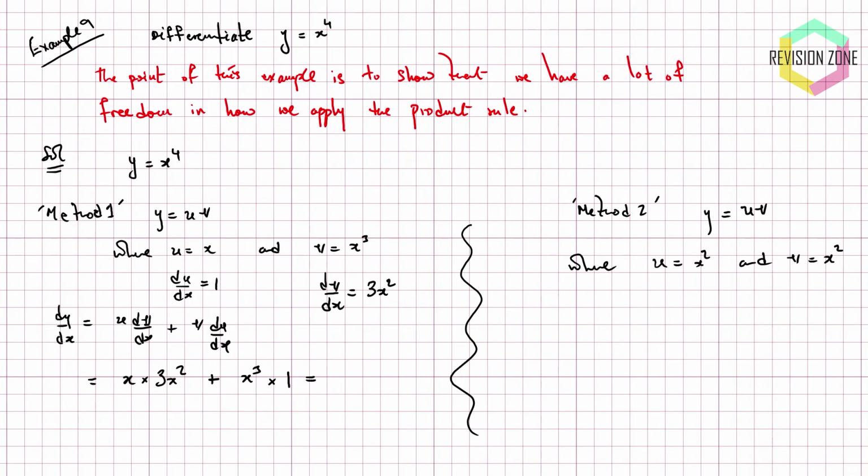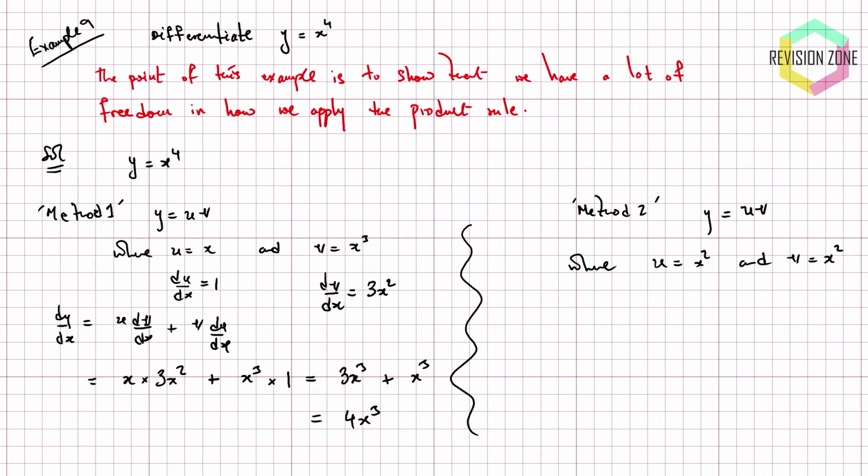When I tidy this up, for the first term I get 3x cubed. And my second term is x cubed times 1, which is just x cubed. So when I put them together, I get 4x cubed. That's what I get from method 1.